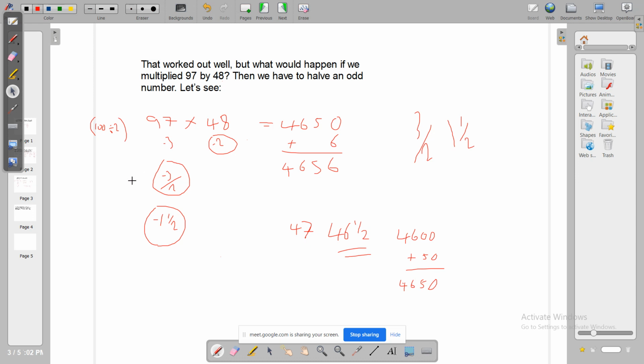When you subtract half, 1.5 from 48, it will be 46.5. And when you multiply 46.5 by 100, it will be 4,650, which means that 100 times 46, which is the whole number, will give us 4,600. And 100 times half is 50. So you add your 50 to this and then you will receive this answer.